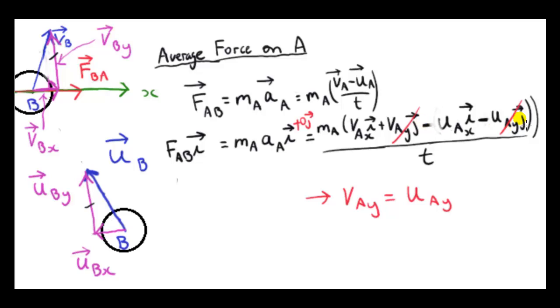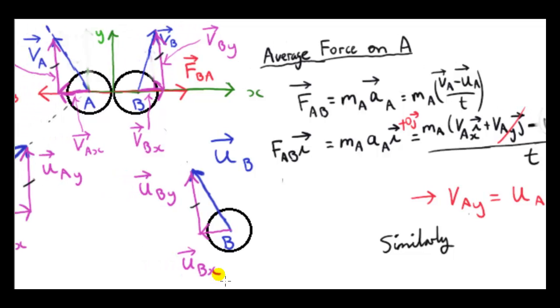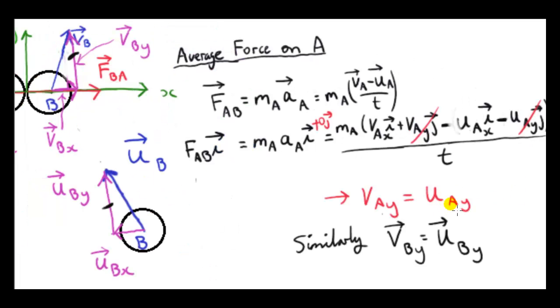So VAYJ minus UAYJ must equal 0, from which we conclude that VAY equals UAY. Of course, we can use the exact same argument by looking at the average force on sphere B and concluding that VBY equals UBY. These two vectors don't change.